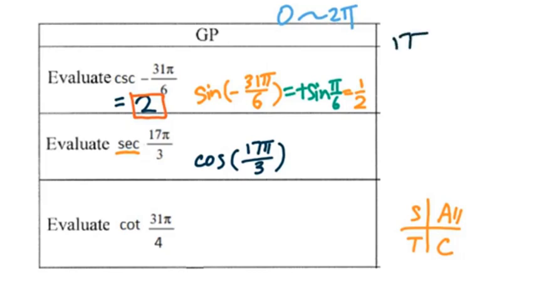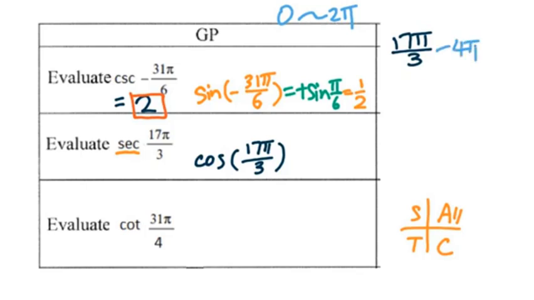So for 17 pi over 3, 17 divided by 3, that's 5 point something. So you need to subtract 4 pi.